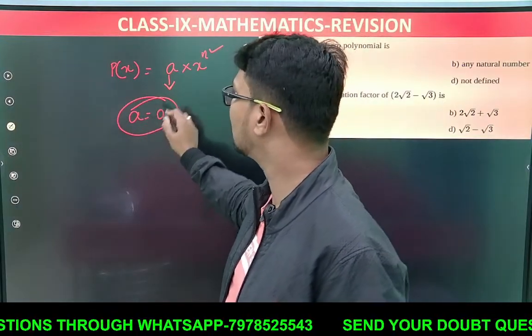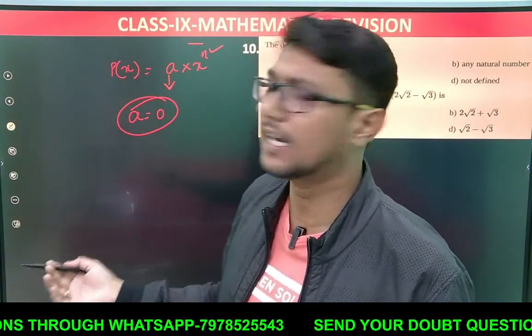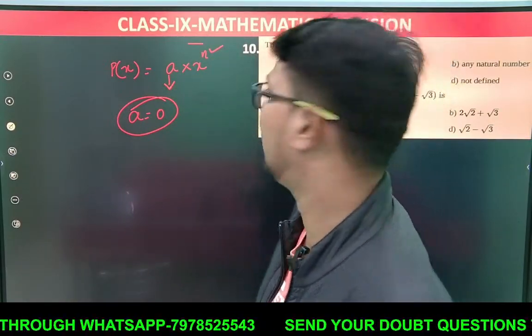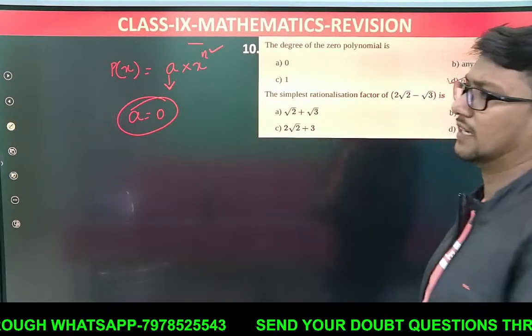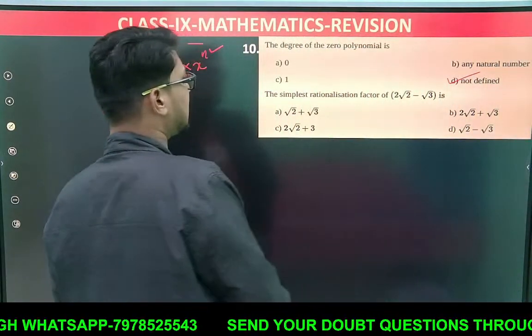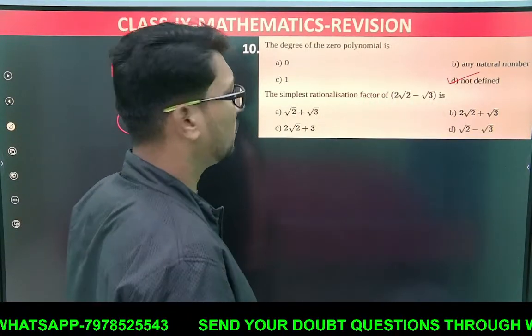If the coefficient is 0, the whole polynomial becomes 0. So then how can we define the degree of this polynomial? So we cannot define. That is not defined.